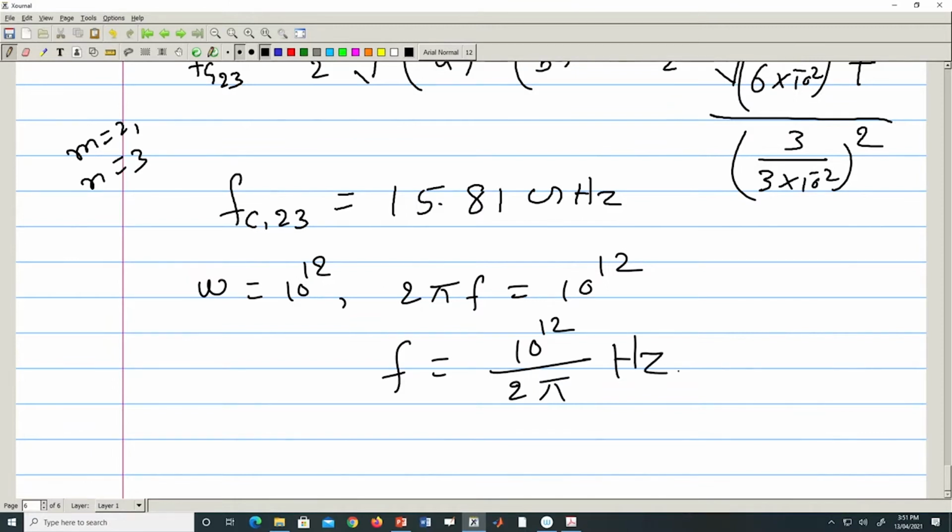So, this is the operating frequency. This will come to 159.2 gigahertz. So, this is in the millimeter wave range.